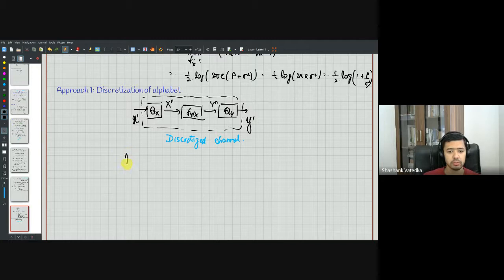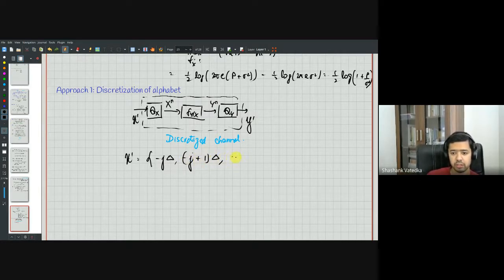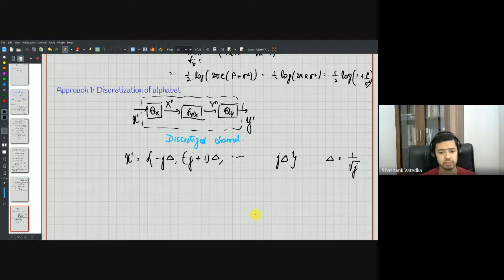What you do is basically the input alphabet x prime is, let us say, minus J delta, minus (J minus 1) delta, and so on up to J delta, where I choose this delta to be 1 over square root of J. For any positive integer J, I'll define this x prime, let me call it X_J prime.